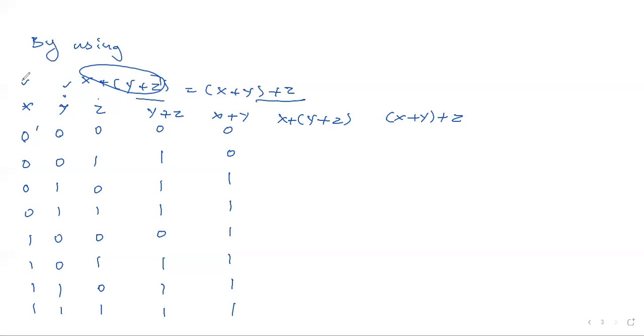Okay, now this we have to consider and this we have to consider. 0 or 0 will be 0, 0 or 1 will be 1, 0 or 1 will be 1, 0 or 1 will be 1, 1 or 0 will be 1, 1 or 1 will be 1, 1 or 1 will be 1, and next also 1 or 1 will be 1. So we have calculated this.